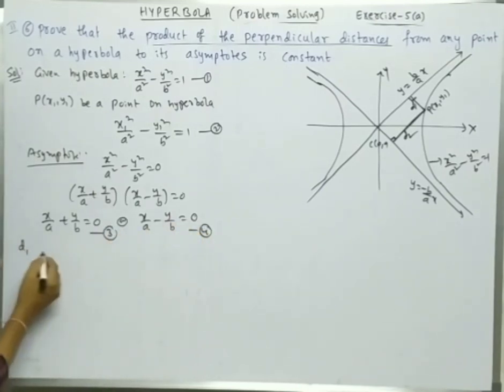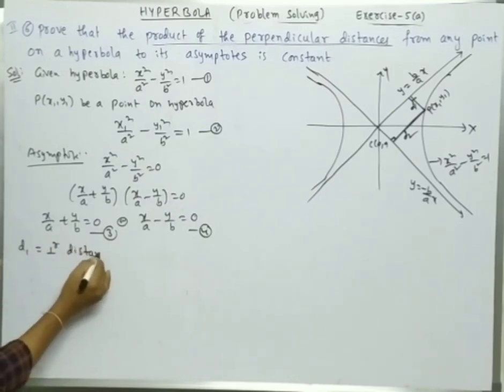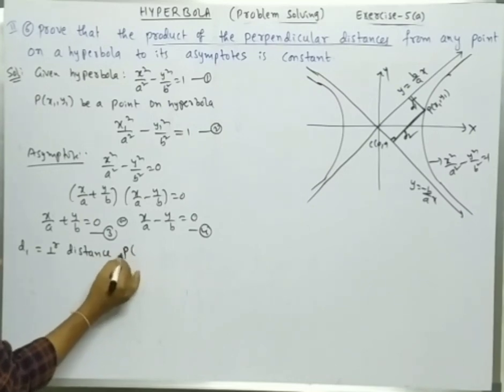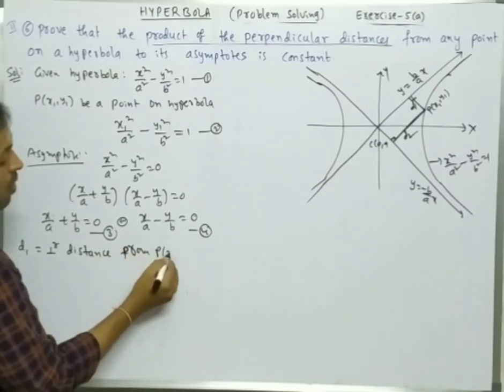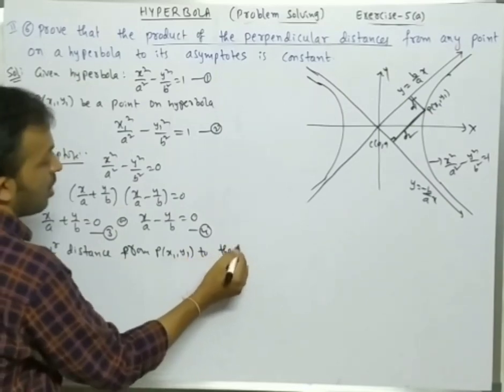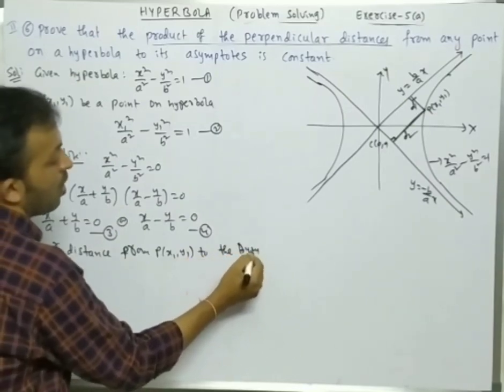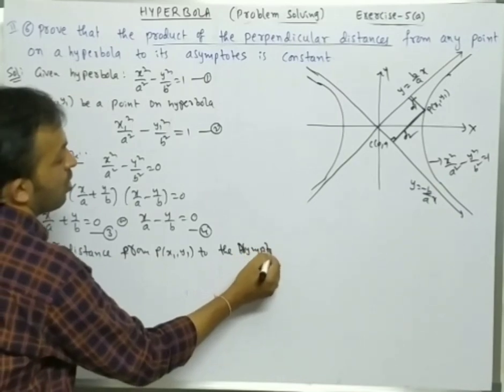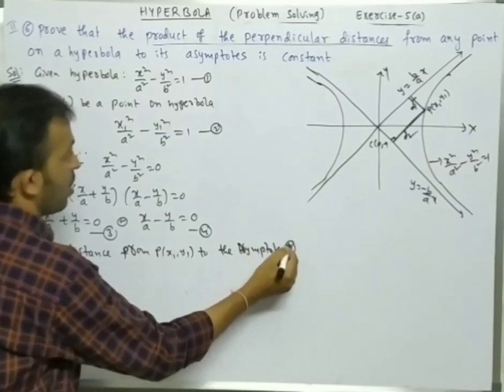Equation number 4: d1 is the perpendicular distance from P(x1, y1) to asymptote 3.